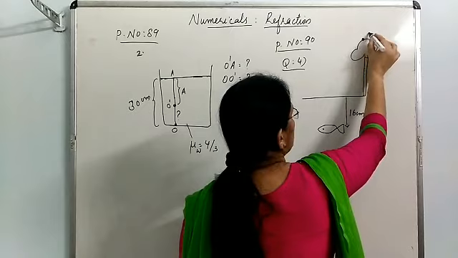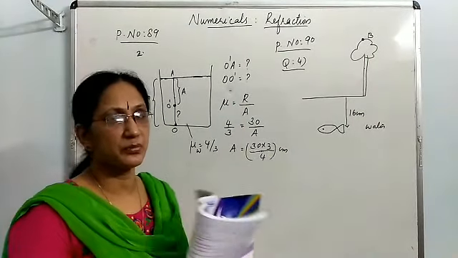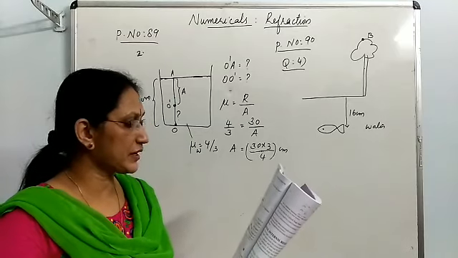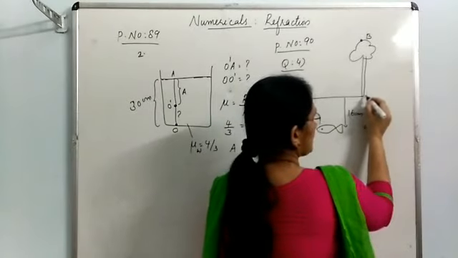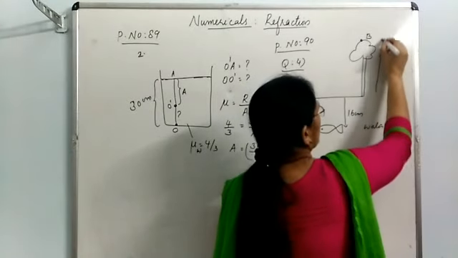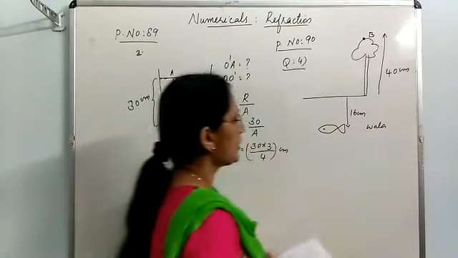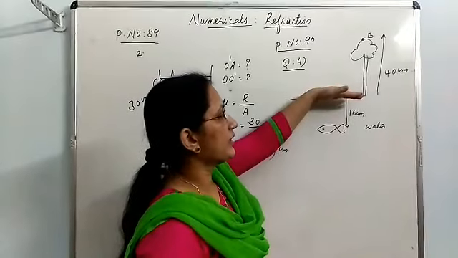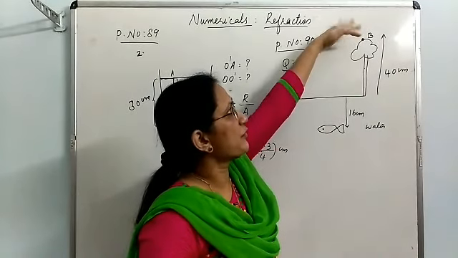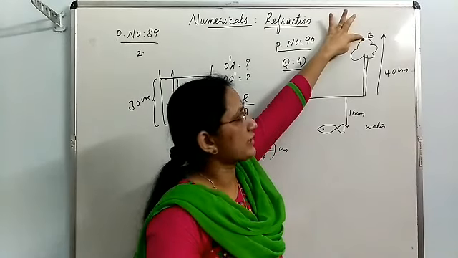And the bird is sitting. B represents the position of the bird. This bird is at a height of 40 centimeter from the water level. This is the water level. This height is 40 centimeter from water level. From water level, at a distance of 40 centimeter, a bird sits on a tree.